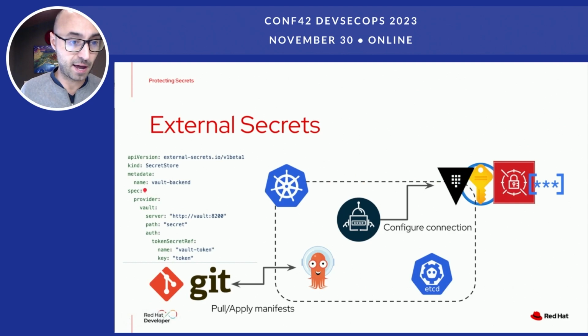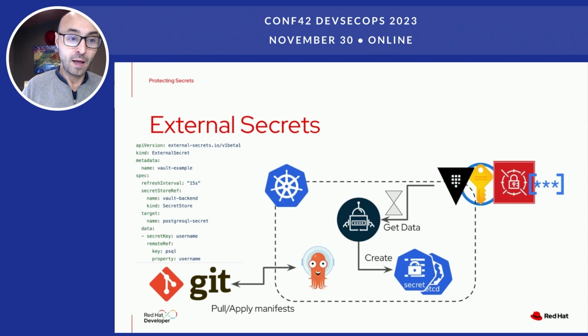You can see here I say, hey, look, secret store, I'm just using Vault for storing my secrets, and this is where the secrets are stored, in this location and in this path. So it's a YAML file, and you can see that there is no secret at all. It's just a configuration.